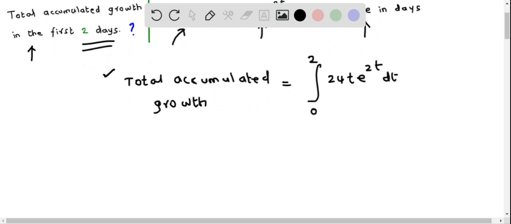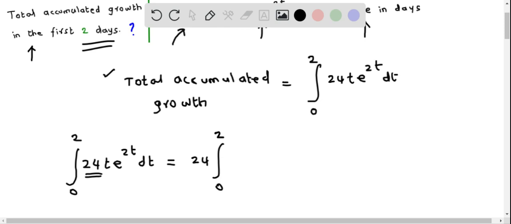So let's see how to determine this definite integral. We have this definite integral of 24t e raised to the power of 2t dt from 0 to 2, and I can now factor this constant out of this integral. So I put 24 times the definite integral from 0 to 2 of t e power 2t dt.